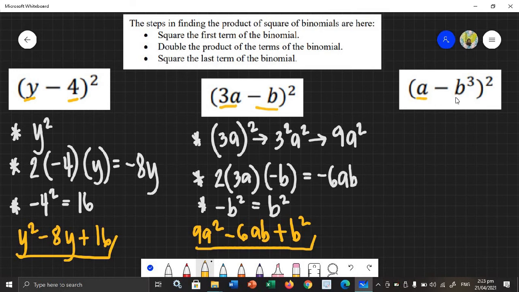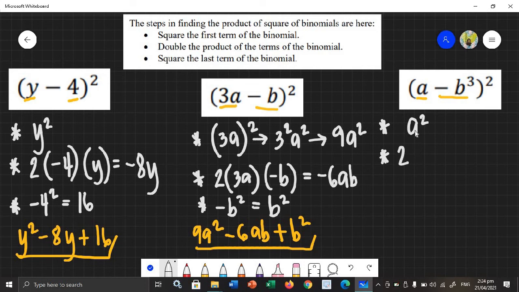Yung first term is a, yung second term or last term is negative b to the third power. So we have, our first step is to square the first term of the binomial. So we have a squared. And then second step is double the product of the terms of the binomial.